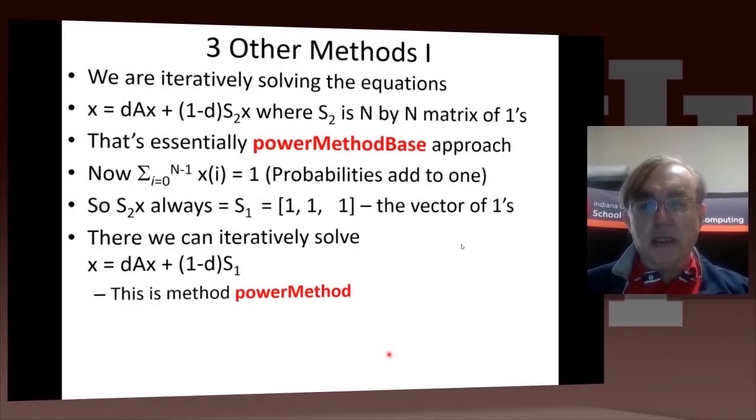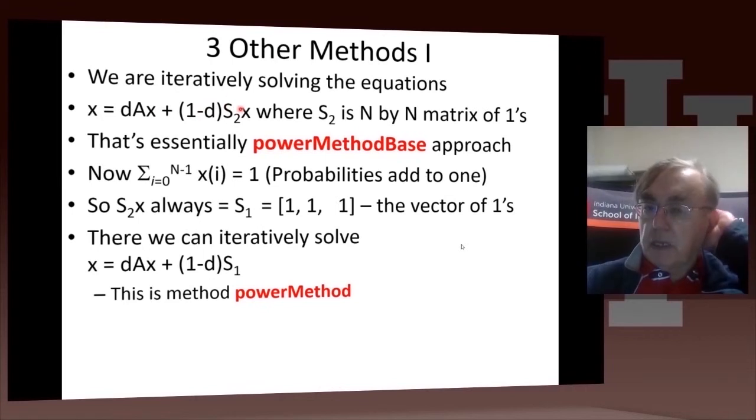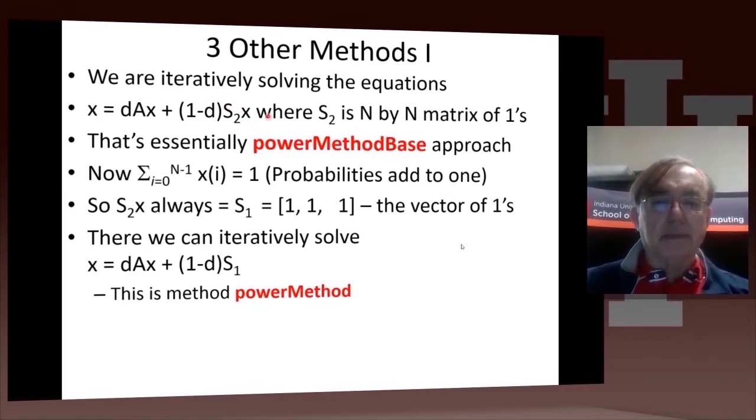There are 3 other methods given on this website, and are listed in that PageRank 2 file. I'll just briefly mention them. The method we just went through, called the power method, is just taking this equation here, x equals the damping factor d times A plus 1 minus d times the matrix of ones S, times x.